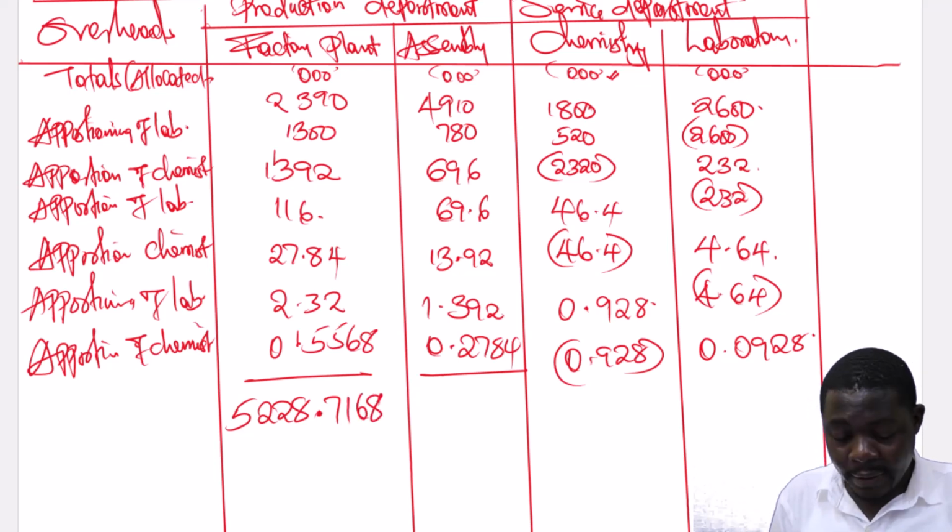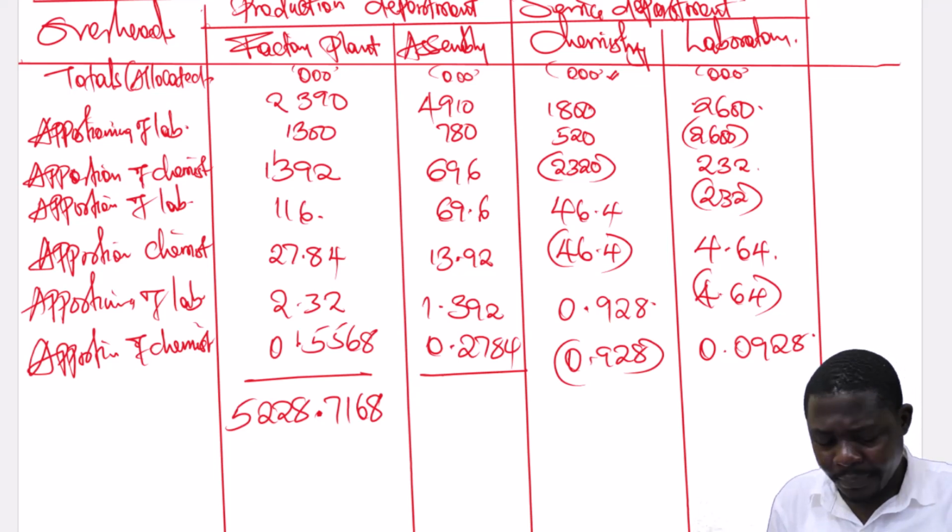All right, then we have 4900 plus 780 plus 696, 69.6, 13.92 plus 1.392 plus 0.2784.